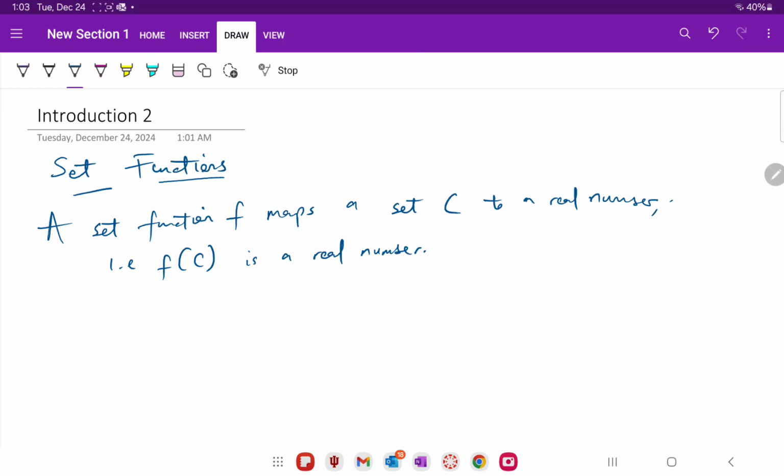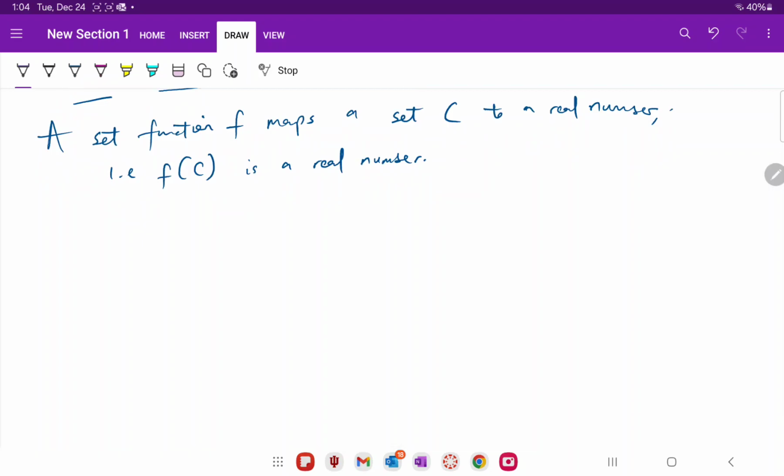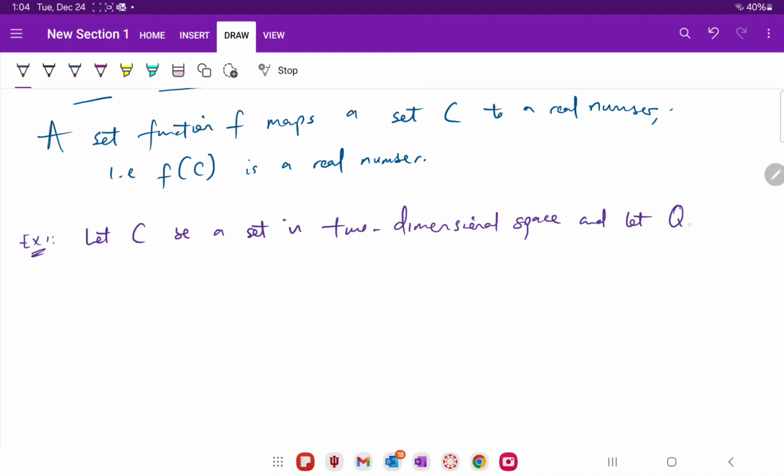Alright, so let's check some examples. Let C be a set in two-dimensional space, and then let Q of C, that's the functional, be the area.